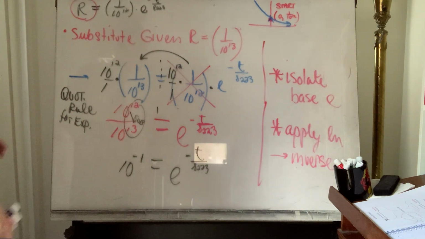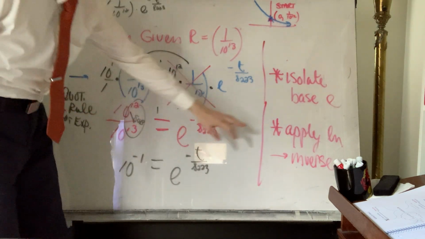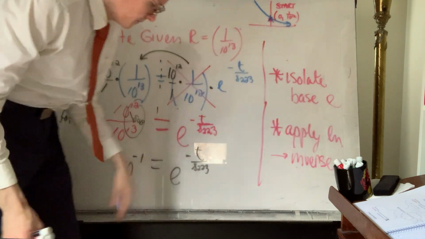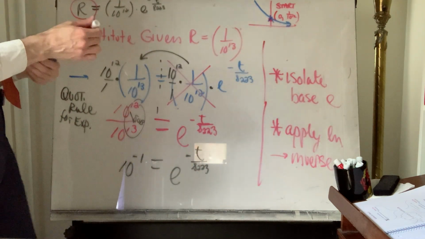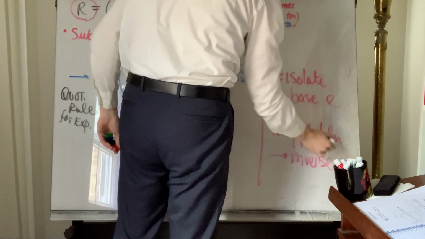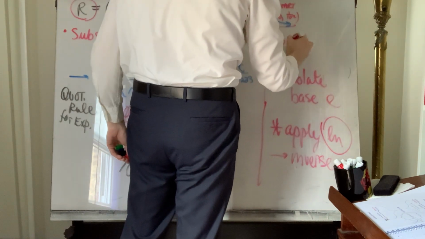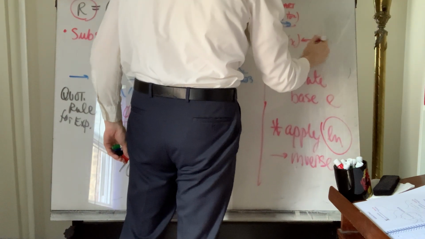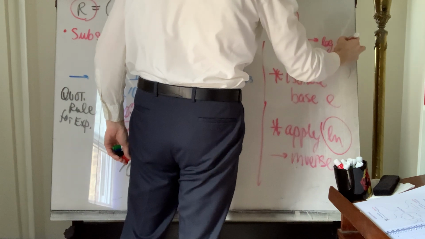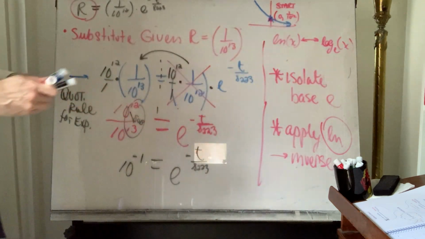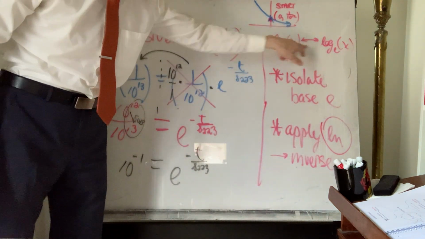Now, at this point, we could apply the inverse, the natural log. Remember, a natural log of x is the equivalent of saying log base e of x. It's just an abbreviation unto itself.